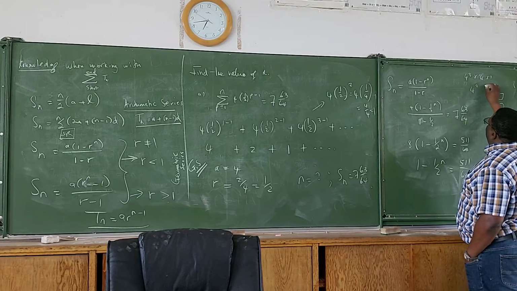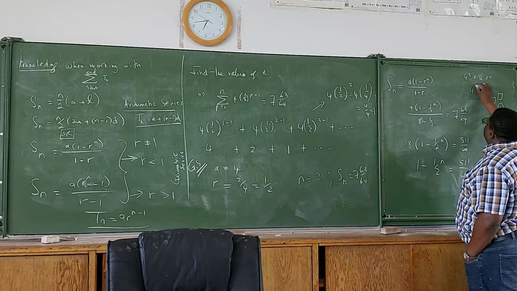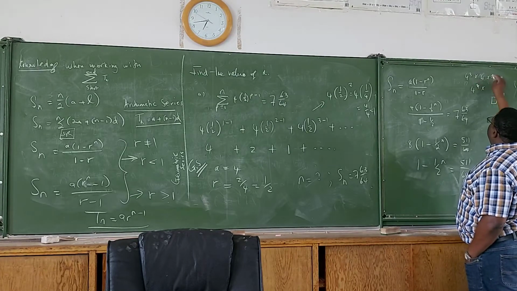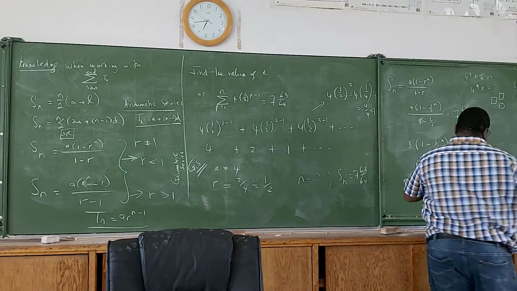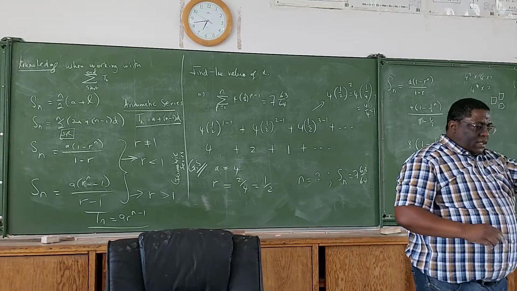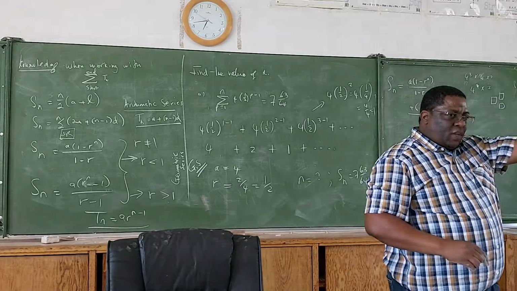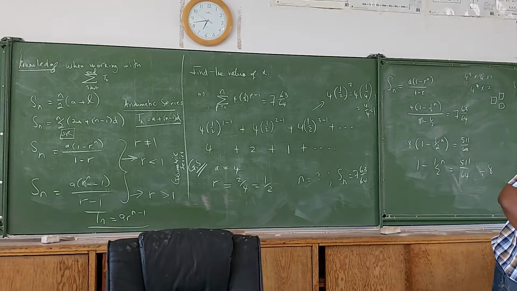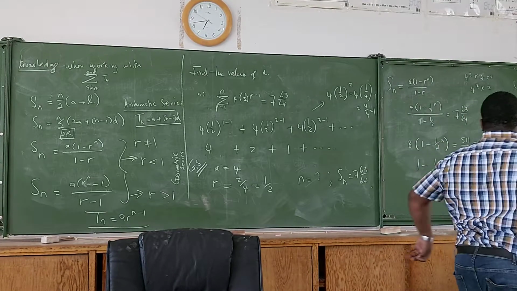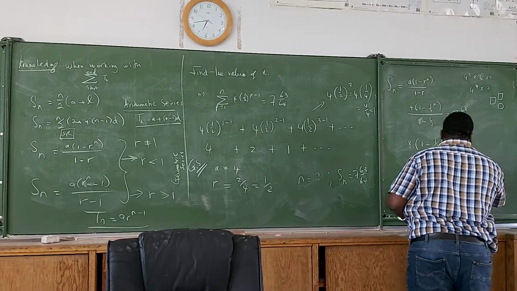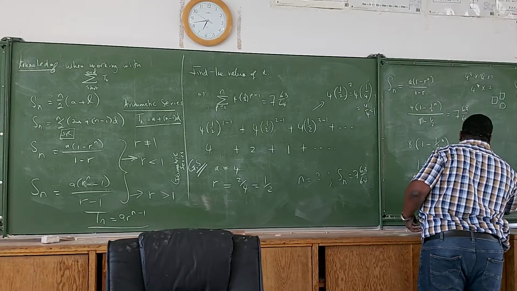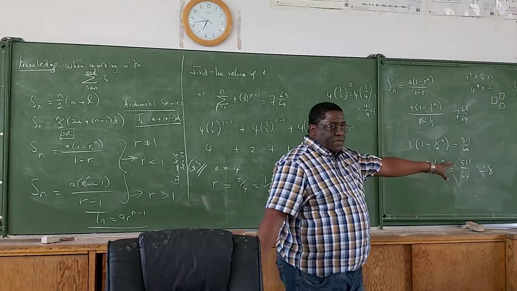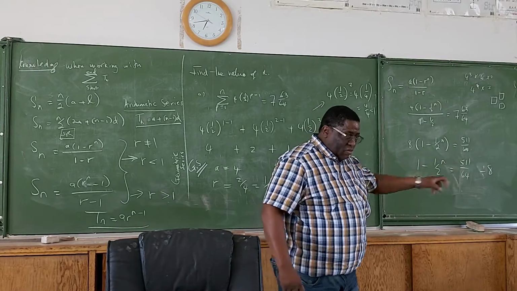It's 4 raised to the power of that times 2. 4 squared, 16 times 16 is 256. 256 times 2, 512. I see. You see it? The whole answer becomes 512.